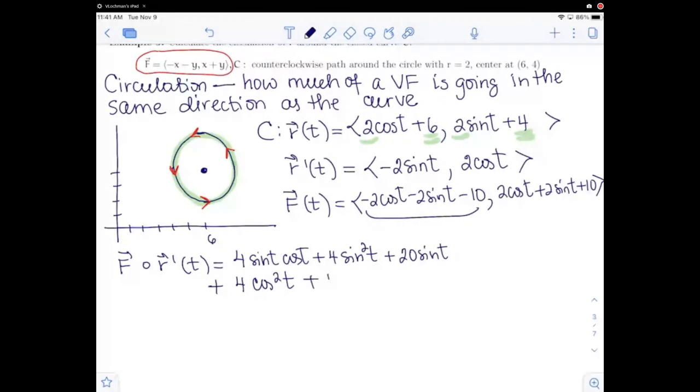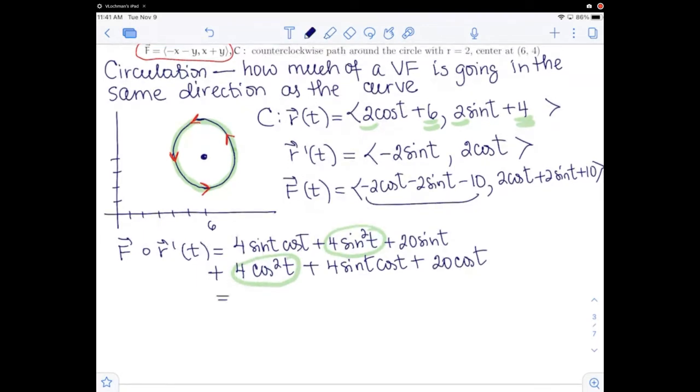Cosine squared t... sine squared t plus 4 sine t cosine t and plus 20 cosine t. Okay, let's see if we can simplify anything. This quantity right here, that's just 4. So we can combine some terms here. We get 8 sine t cosine t plus 20 sine t plus 20 cosine t, and then plus 4.